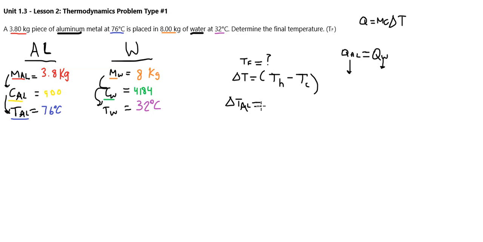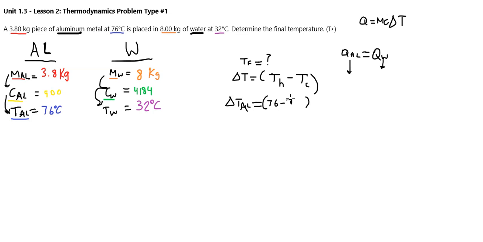Well, we need to plug in something for TH or TC. Which one? We know that energy flows from hot to cold. So since the 76 degrees Celsius is warmer, it's going to be TH, the hot temperature. So we're going to plug in 76 minus TC.